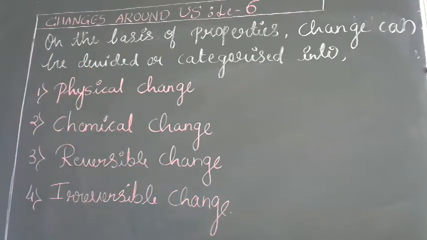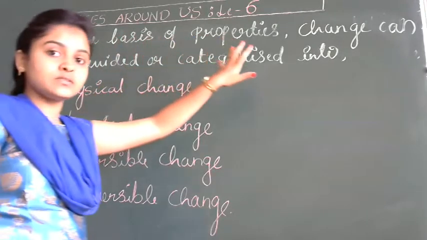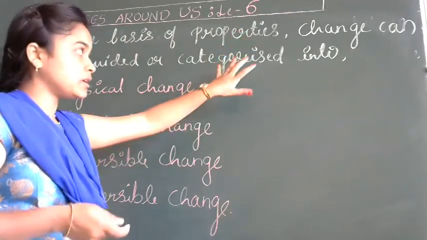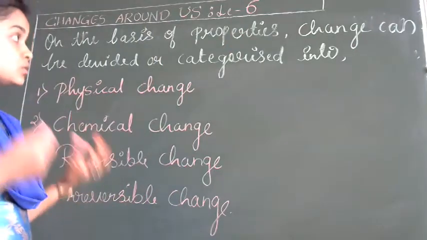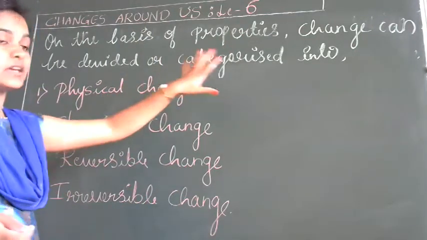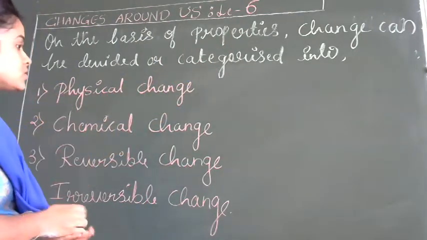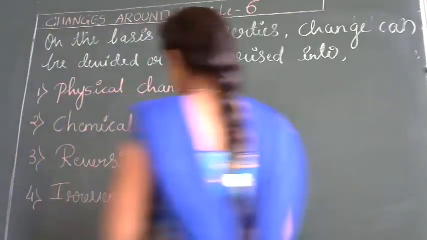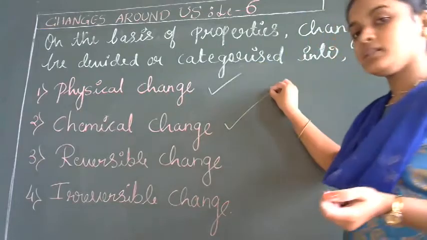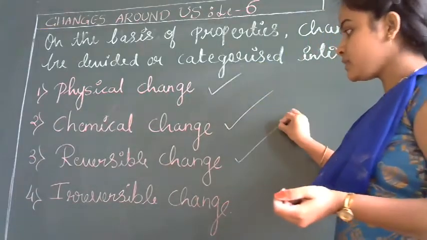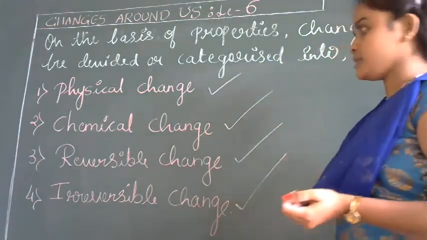So here, on the basis of some properties of any object or material, change can be categorized or grouped into four types. Which are those? They are physical change, chemical change, reversible change and irreversible change.